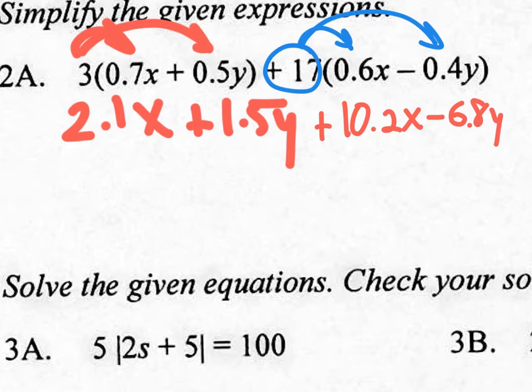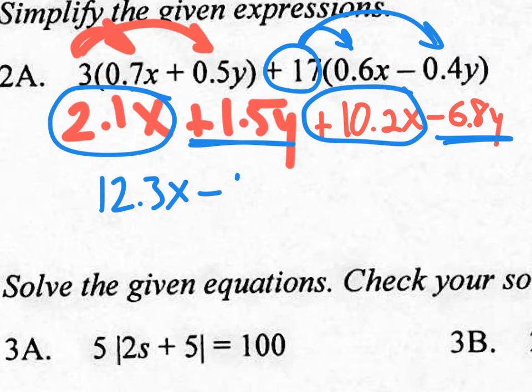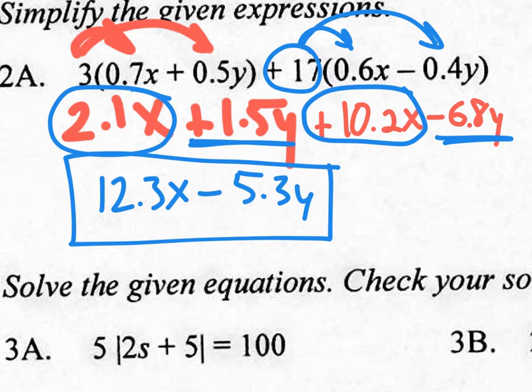So now it's just a question of combining like terms, and we do have decimals. So 2.1x combined with 10.2x, that's 12.3x. And then combine the 1.5 with the minus 6.8, and that becomes negative 5.3. So we have minus 5.3, and that is a y. That's your final answer right there, guys.